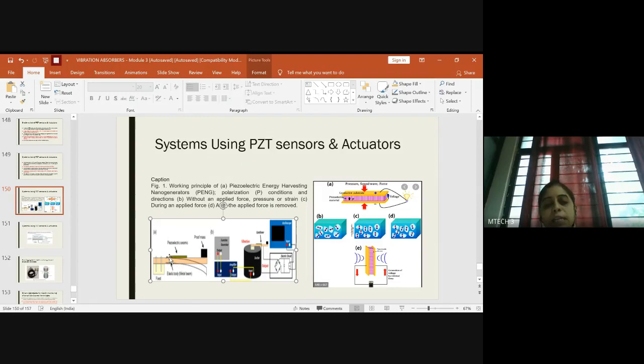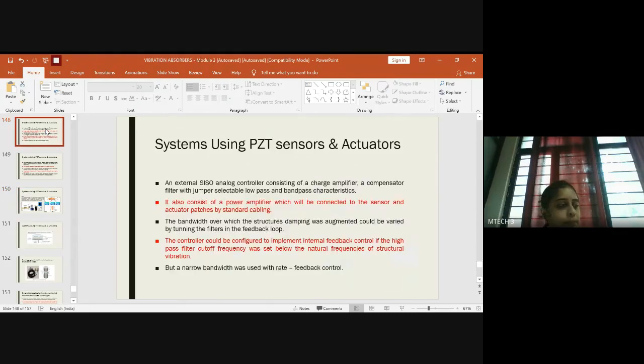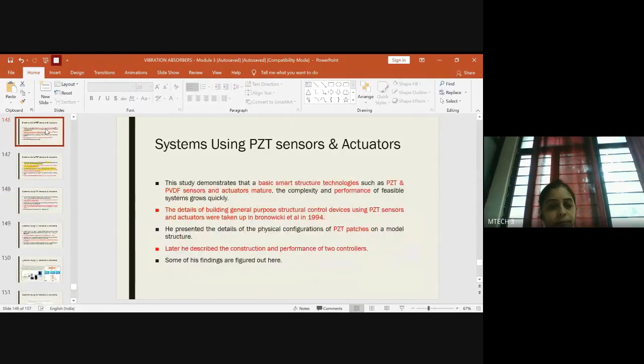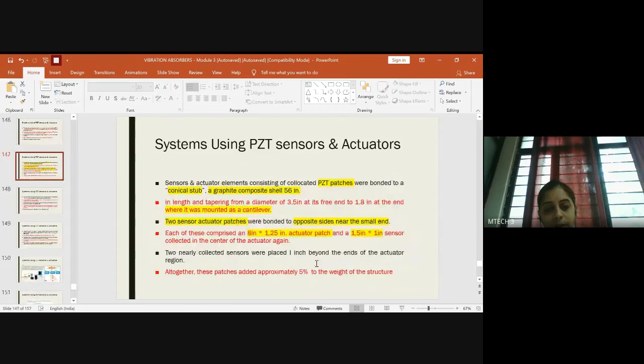Based on sensing, the work will be done by the PZT actuator. The dimensions for the sensor patch as well as the actuator, and the location where it is mounted, have been mentioned here. Okay. So this is about the location and the dimension of the actuators.